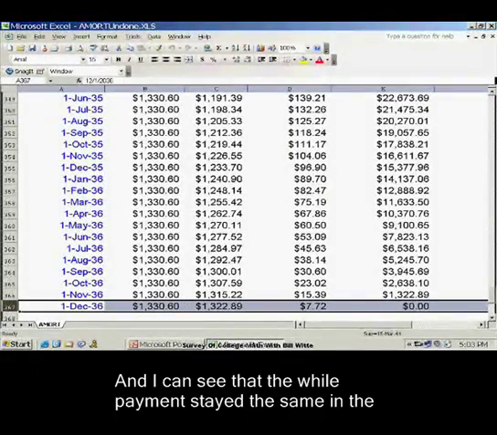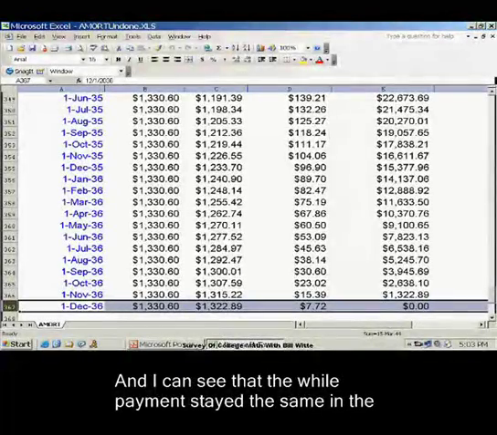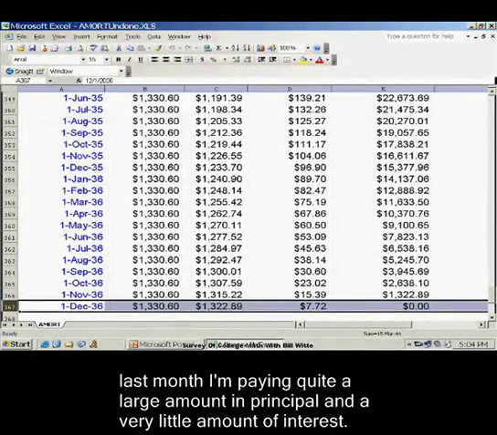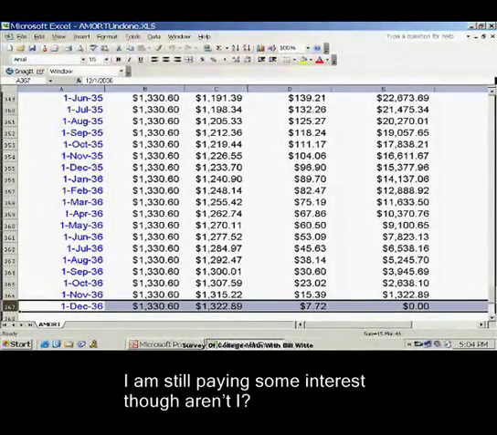I can see that the payments stayed the same, and that at the last month I'm paying quite a large amount in principal. Okay? Putting it basically back in my own pocket, and a very little amount in interest. I am paying some in interest though, aren't I? And once I've paid everything off, of course I don't owe any money at all.